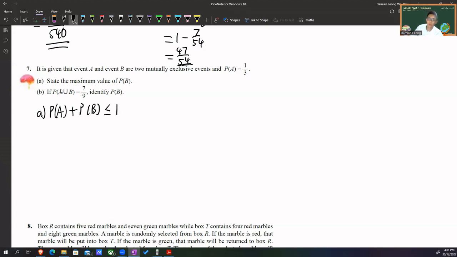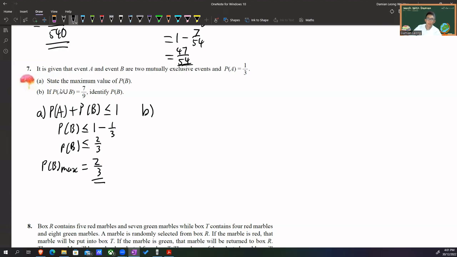So in other words, probability of event B must be less or equals to 1 minus probability of event A. 1 minus 1 over 3, which is 2 over 3. So it's less or equals to 2 over 3, which means the highest it can be will be 2 over 3 itself.